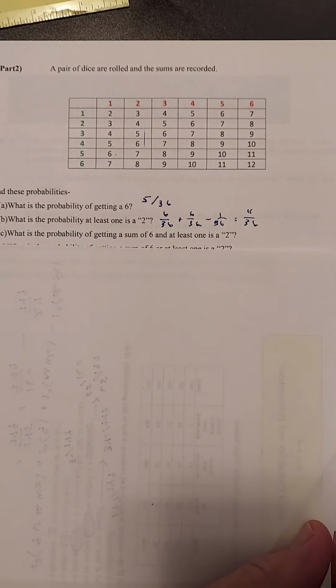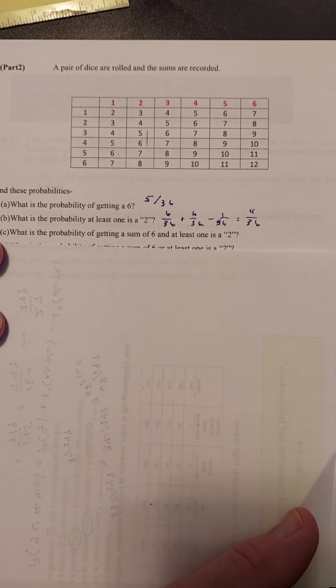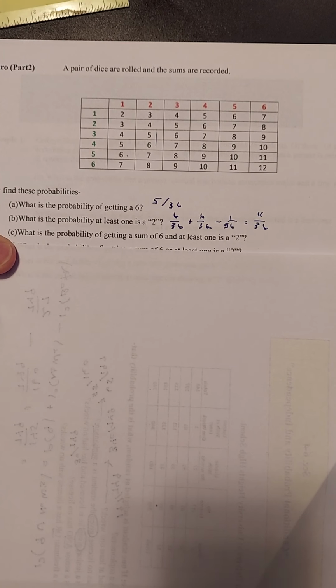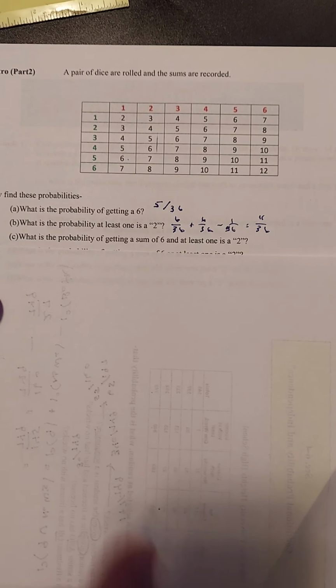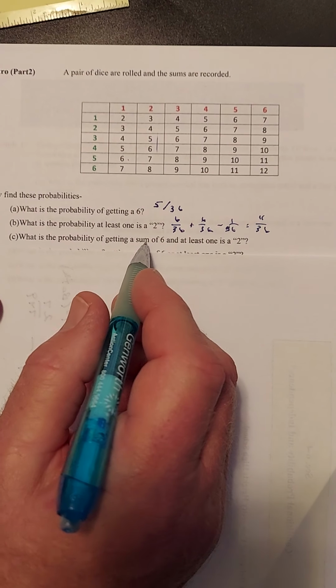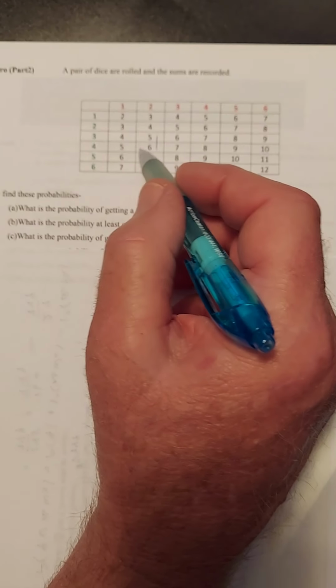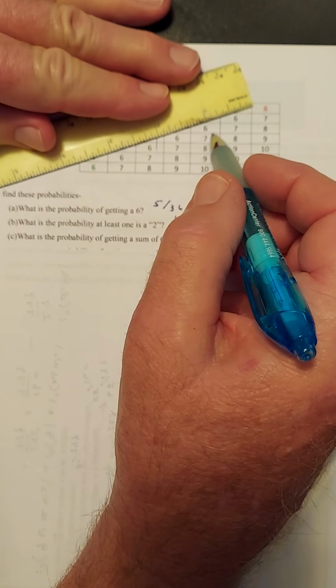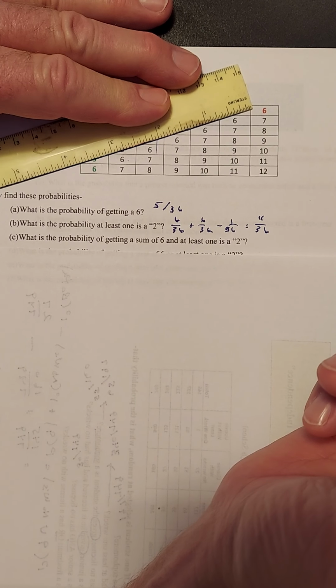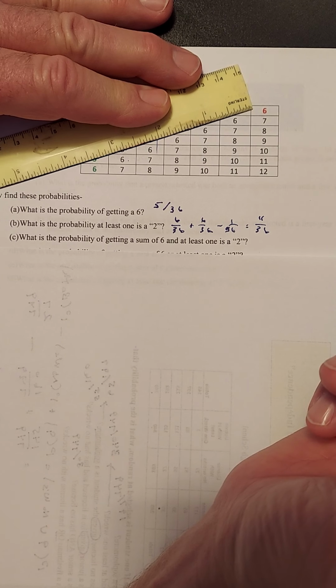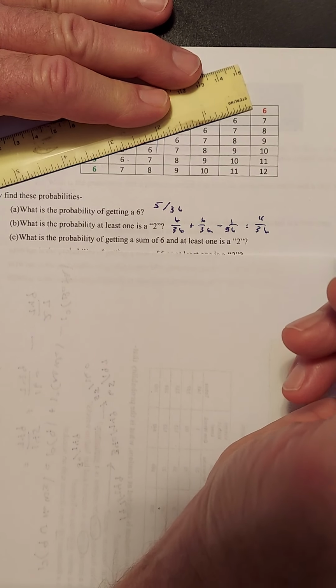Okay. What's the probability of getting a sum of 6 and at least 1 is a 2? I really could think of this logically. So if I said, what's the probability of getting a sum of 6? So if you look here, how many 6s are sums? Those are the black ones. So I'm looking here, I got 1, 2, 3, 4, I got 5 of them. But it says one of them is a 2.